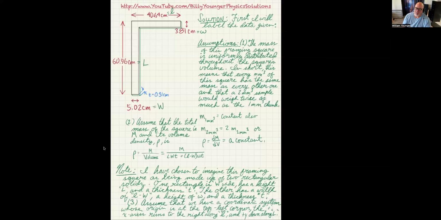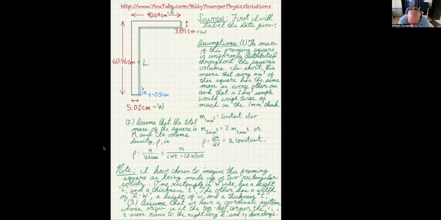So, what I'm saying there is it has a uniform density, and that density basically is a constant. And in fact, if you double the size of it, because the density stays a constant, that's equivalent to doubling the mass and doubling the volume. So if you take the idea that density equals mass over volume, then doubling the mass and doubling the volume gives you back the same density.